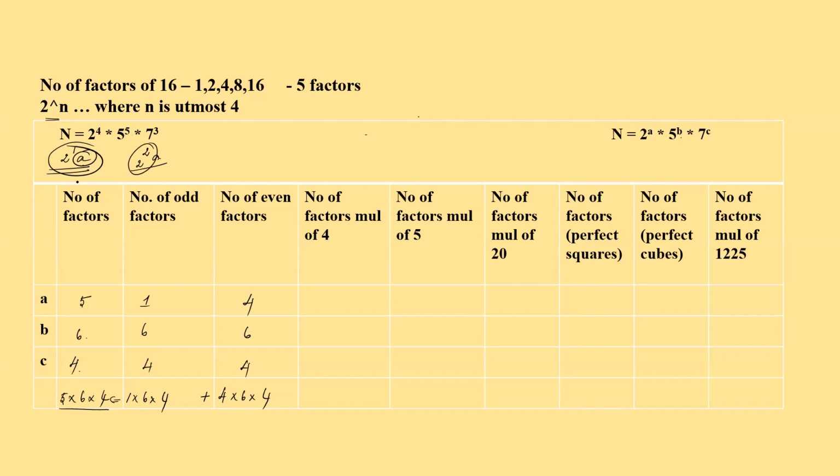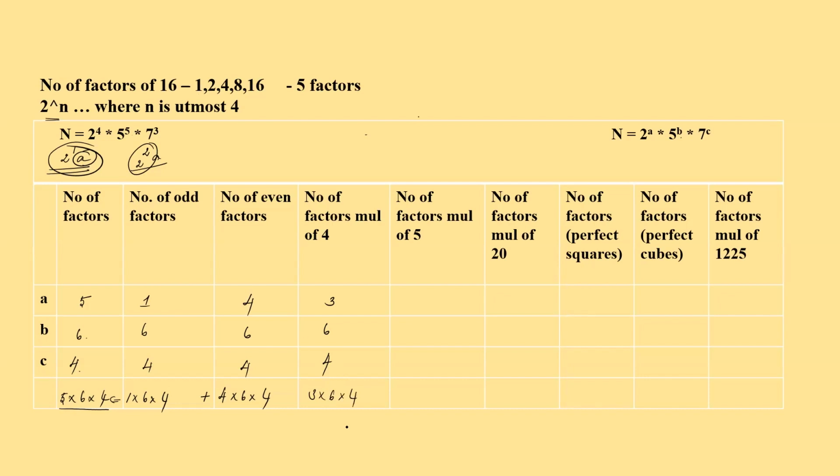That's the only constraint. So what are the values that are possible for a? A can take the minimum value 2, so 2, 3 and 4. There are 3 values that are possible. But there is no constraint on the powers of 5 and the powers of 7. So B can take 0 to 5, 6 values, and C can take 0 to 3, 4 values. So the number of factors which are multiples of 4 will be nothing but 3 into 6 into 4.